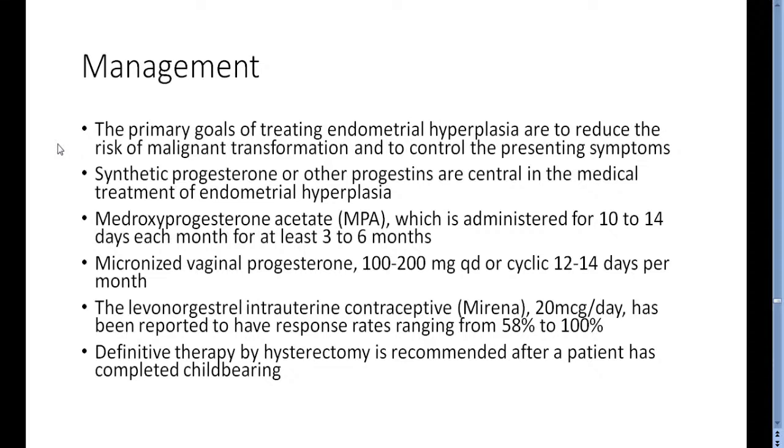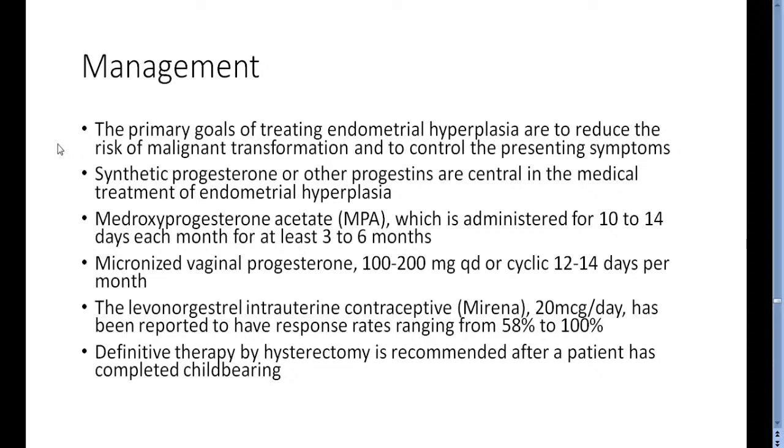Usually it is prescribed in pills for 10 to 14 days a month, up to half a year. In our country, we also prescribe micronized progesterone therapy, 100, 200 milligrams a day, cyclically, 12-14 days per month. Usually it starts from day 16 of the menstrual cycle in a reproductive age woman.